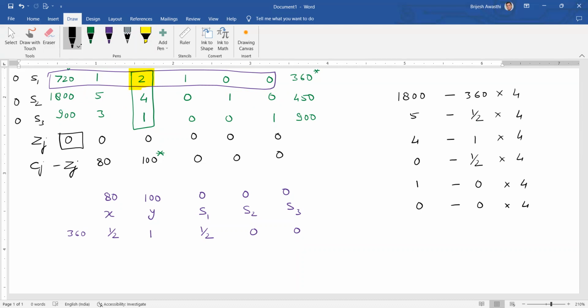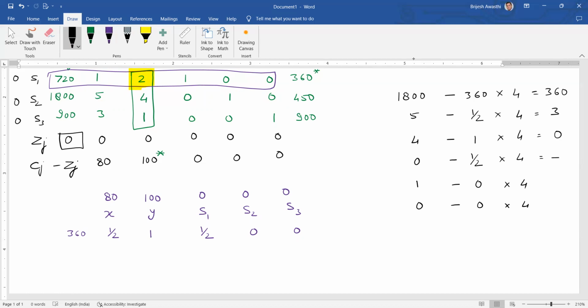1440. And 1800 minus 1440 is 360. 5, 1 by 2 into 4 is 2, and 5 minus 2 is 3. 1 into 4 is 4, and 4 minus 4 is 0.